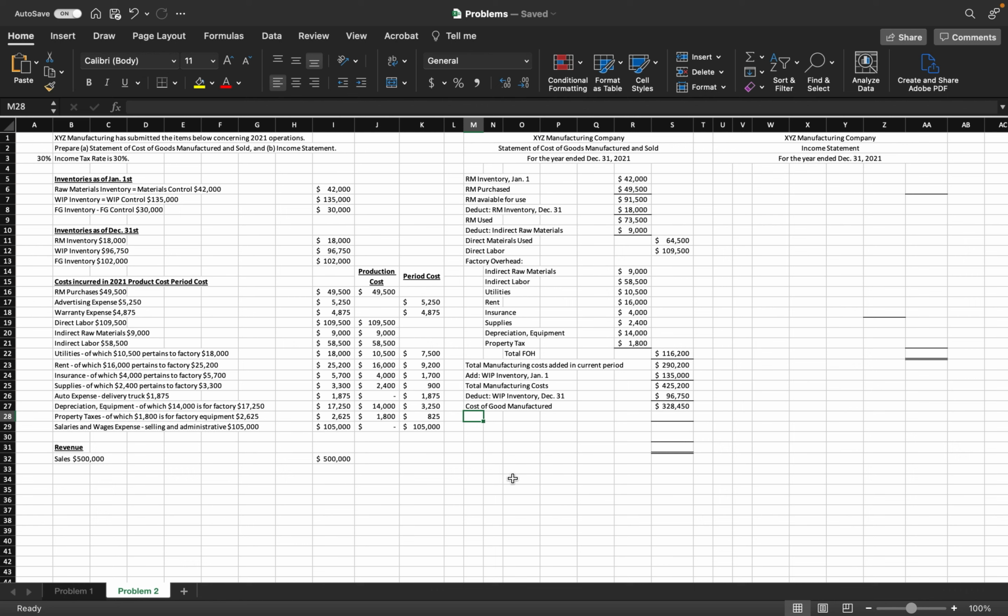Now we need to cover, okay, what was our change in finished goods inventory to help us arrive at a cost of goods sold. So to this we're going to add the finished goods inventory on January 1st, which again, the assumption being that we sold that material throughout the year. So that'll tell us the cost of goods available for sale.